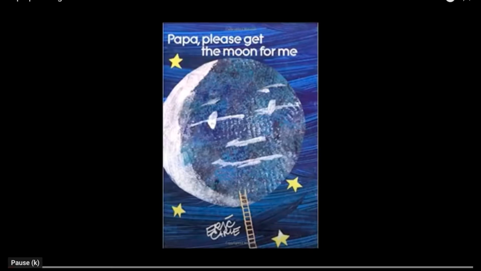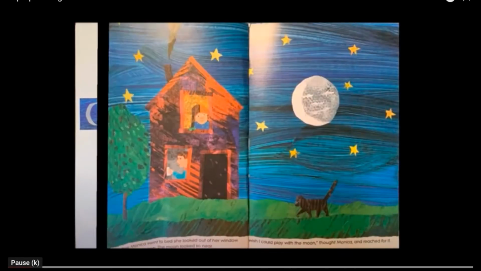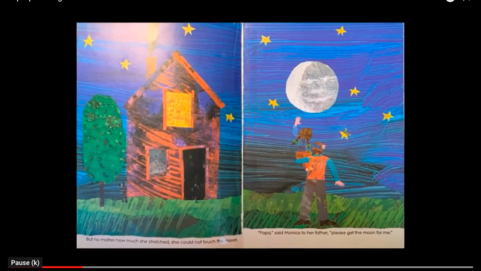Papa, Please Get the Moon for Me, by Eric Carle. Before Monica went to bed, she looked out of her window and saw the moon. The moon looked so near. I wish I could play with the moon, thought Monica, and reached for it. But no matter how much she stretched, she could not touch the moon. Papa, said Monica to her father, please get the moon for me.